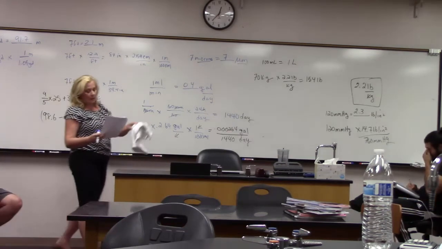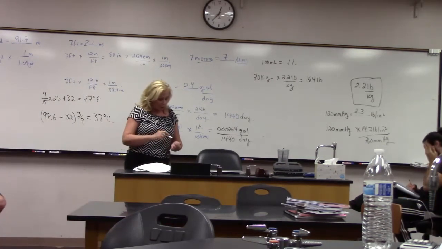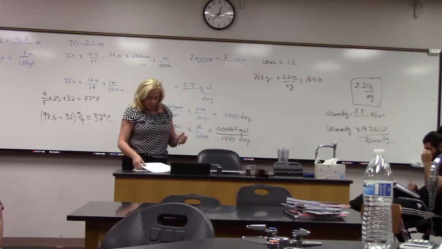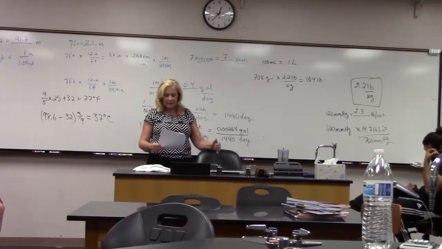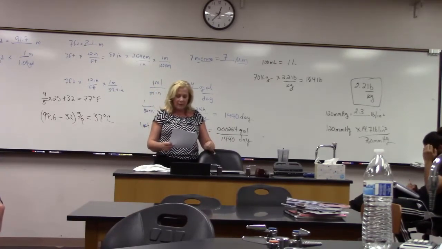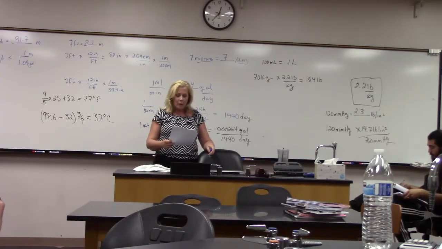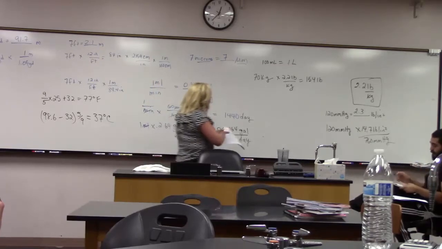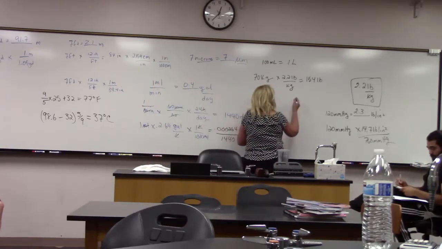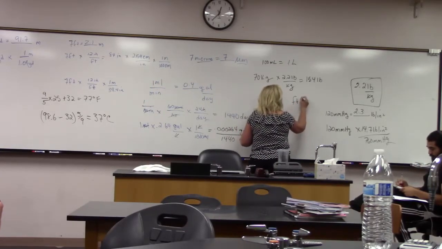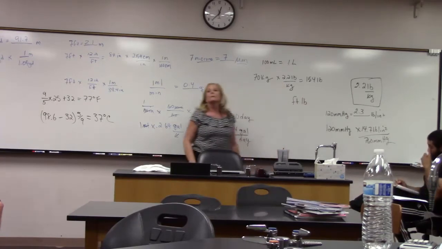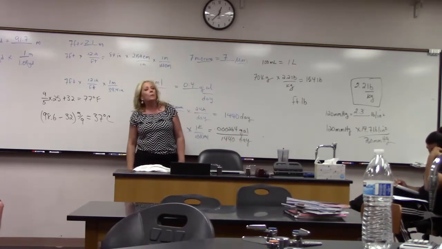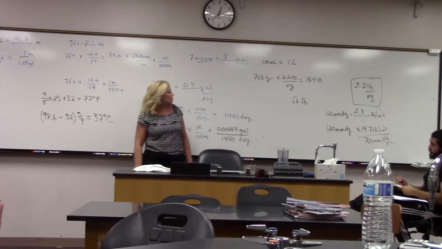All right, next one. We have a very strong person who is lifting 500 pounds, 6 feet off the ground. How much work has he performed? Whenever you have units next to each other like this, that means that the numbers that go with those units are multiplied.